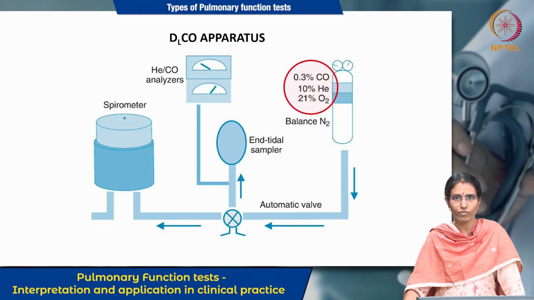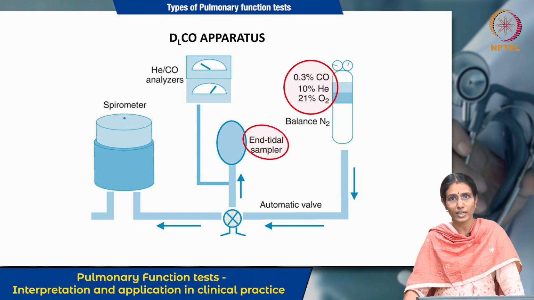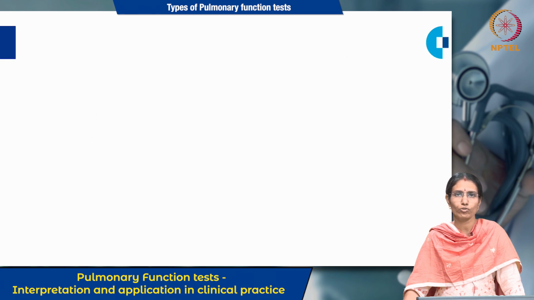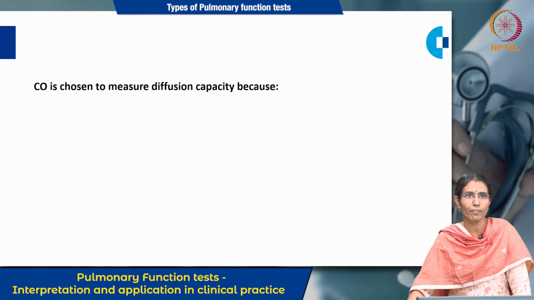The subject has to breathe this mixture and hold it for a few seconds, for 10 seconds or so, and at the end of it the subject has to do an expiration, and the expiratory gas is collected and analyzed using carbon monoxide analyzers. So this is the principle to measure the diffusion lung capacity using carbon monoxide.